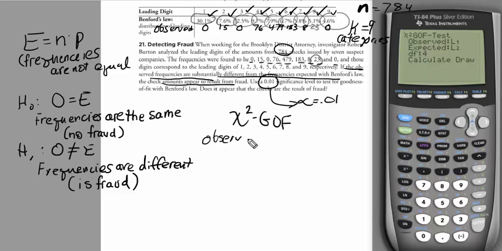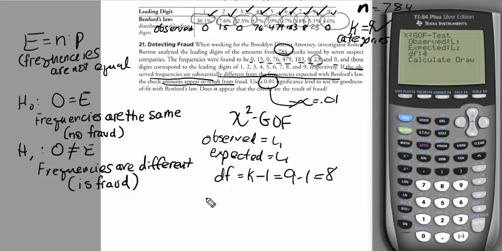So observed L1, expected L2, the degrees of freedom k minus 1, or k was 9 categories, so 9 minus 1, 8. So 8. Okay, then. My 8 isn't even working now. 8. And then I'm going to calculate this and write down the chi-squared value and the p-value just like before.